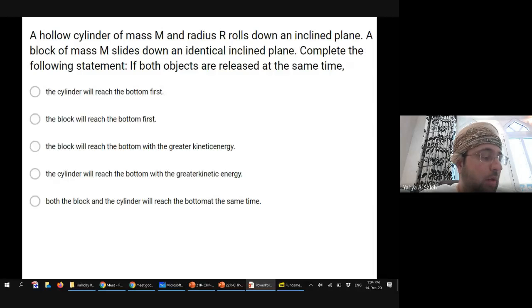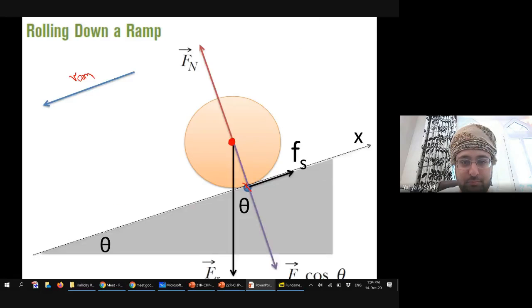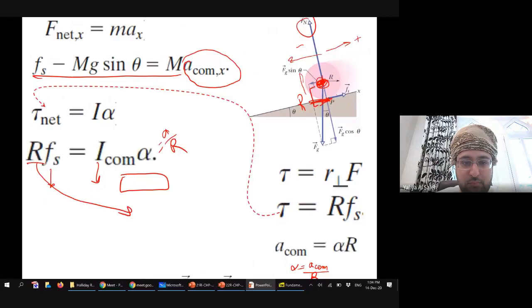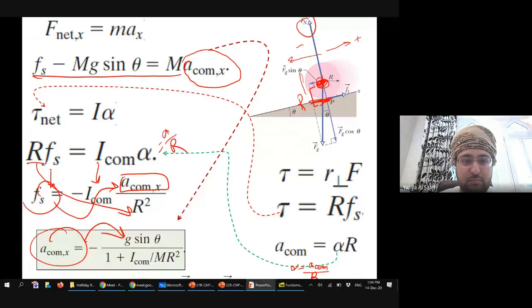Why do we want both F and A? We get F in terms of A and A in terms of F. Look. We get F in terms of A, or we can rearrange to get A and substitute what F is to get this. Okay?